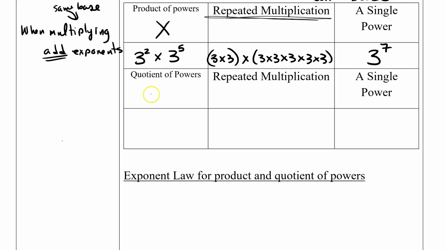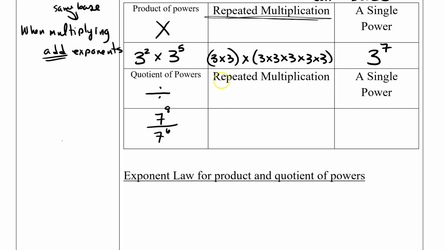What happens when we divide? Well, let's give an example here. 7 to the power of 8 divided by 7 to the power of 6. Let's write this out using repeated multiplication.